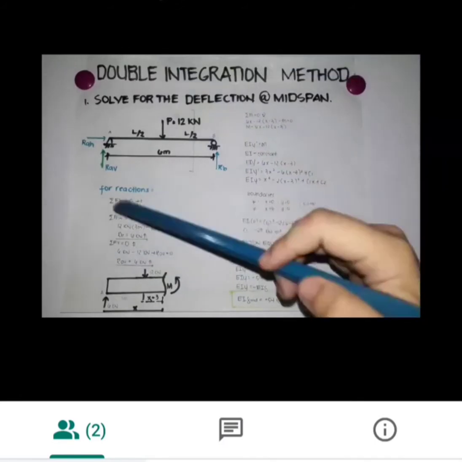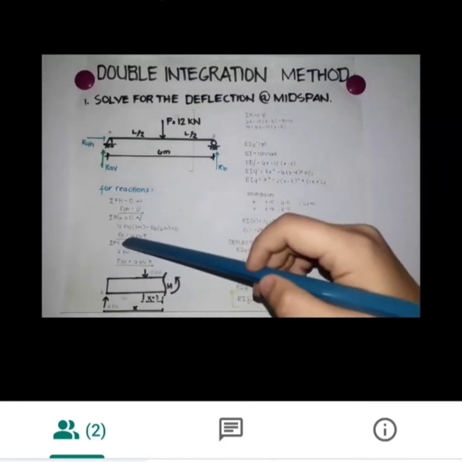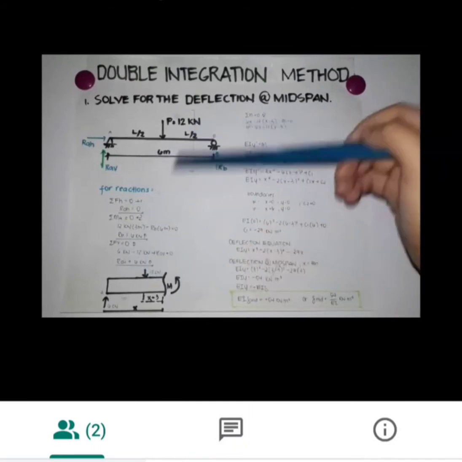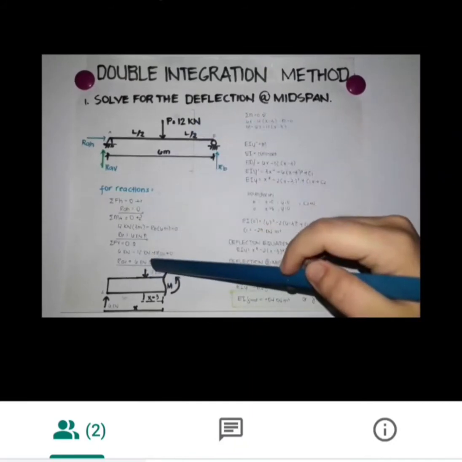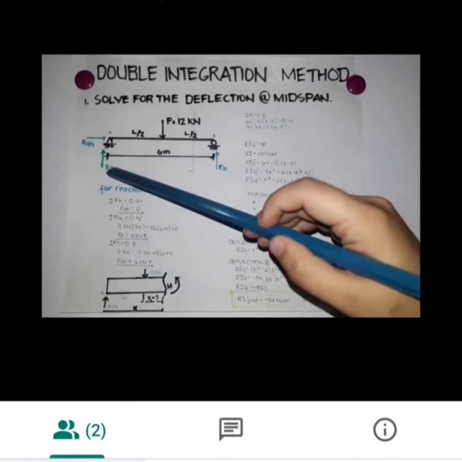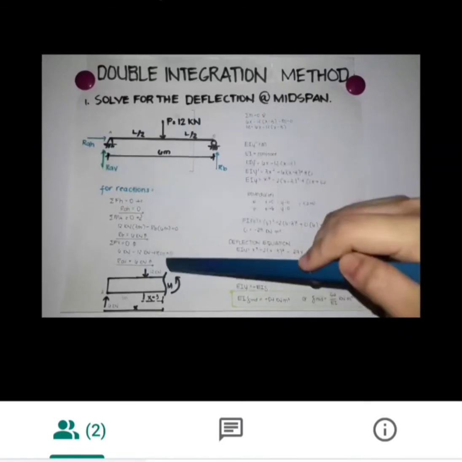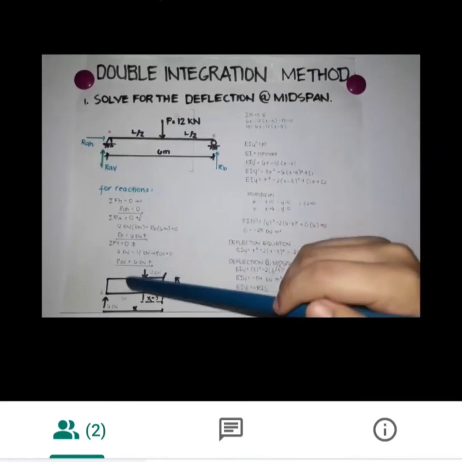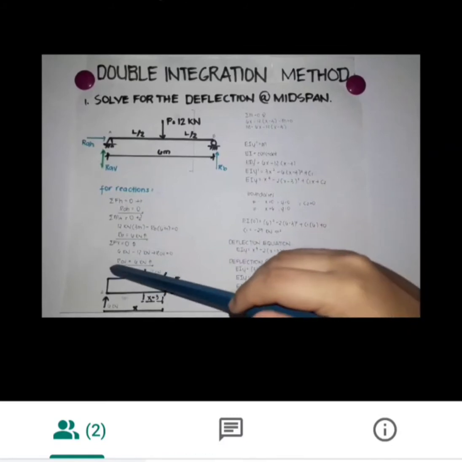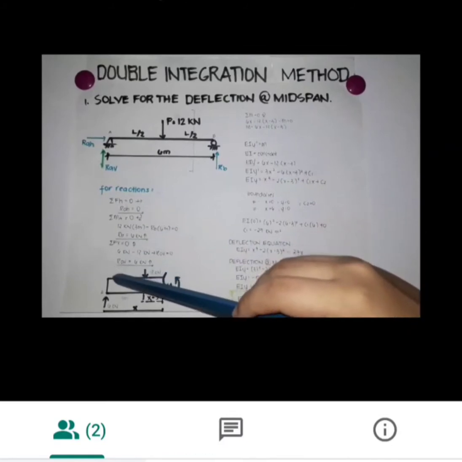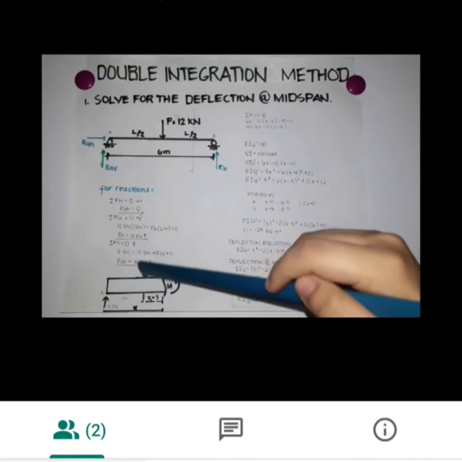Ilalagay natin yung nakuha nating value ng reaction B, which is 6 kilonewton minus 12 kilonewton na load plus reaction at A vertical is equal to 0. And makukuha natin na reaction ng A vertical is equal to 6 kilonewton upward.